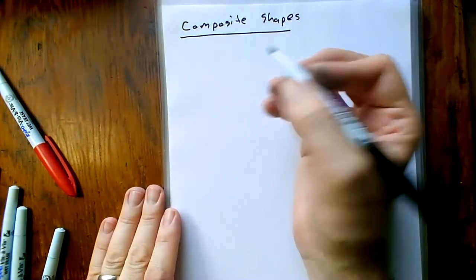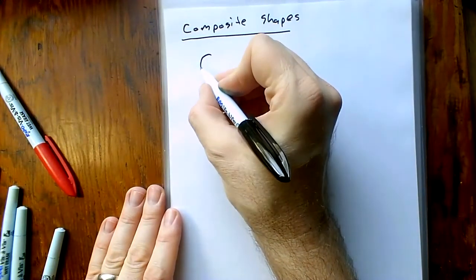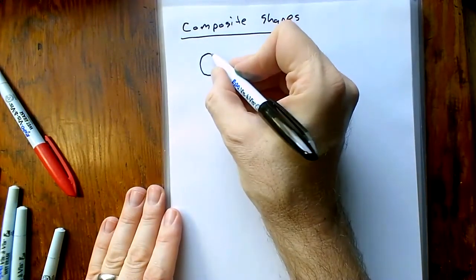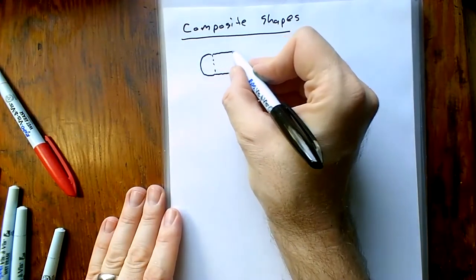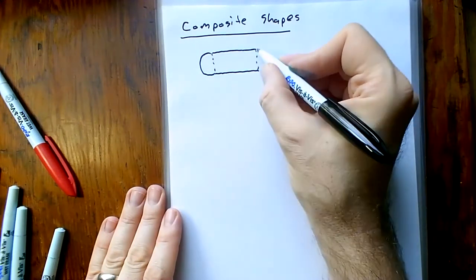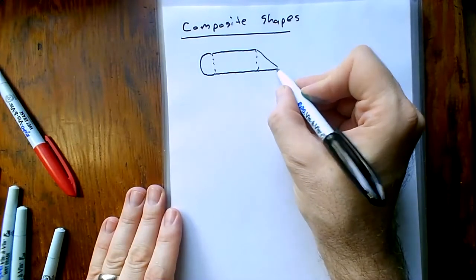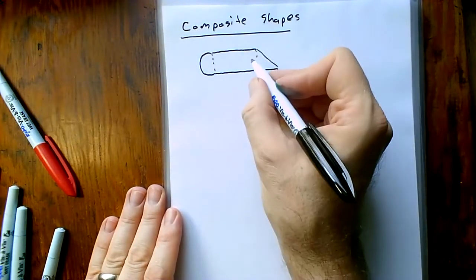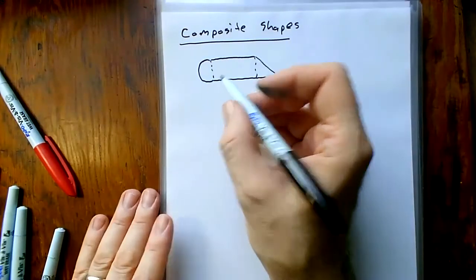Now, one of the things that you can do with something like this, so say I've got something like this. I could have a basketball court, or maybe something where I've got a triangle tacked onto the end of something, and then I've got another, and then I've got a semicircle.